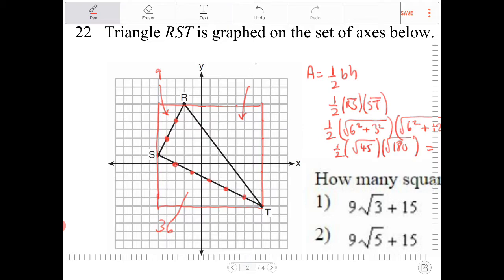So 9 and 12. So 1/2, 9 times 12, that would be 54 then. So I'm going to take 36 plus 9 plus 54. That would be 45 plus 54, which is going to be 99.